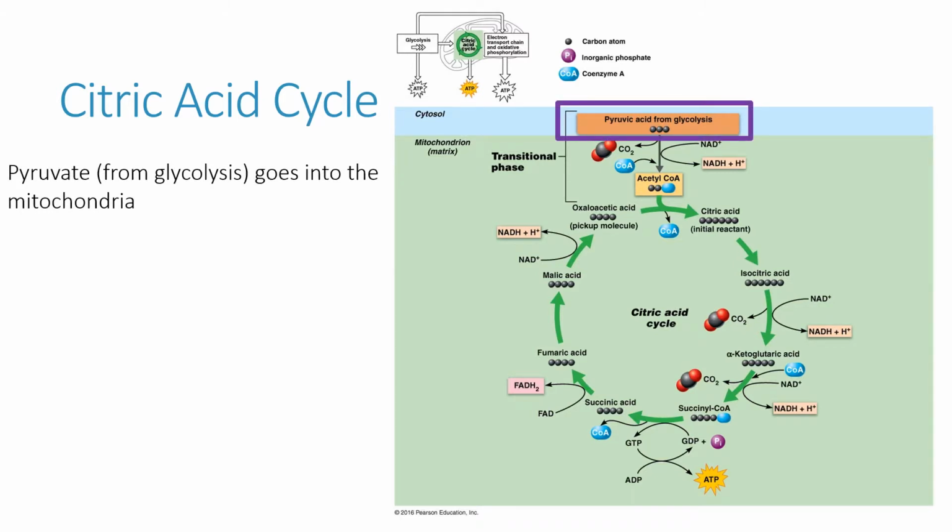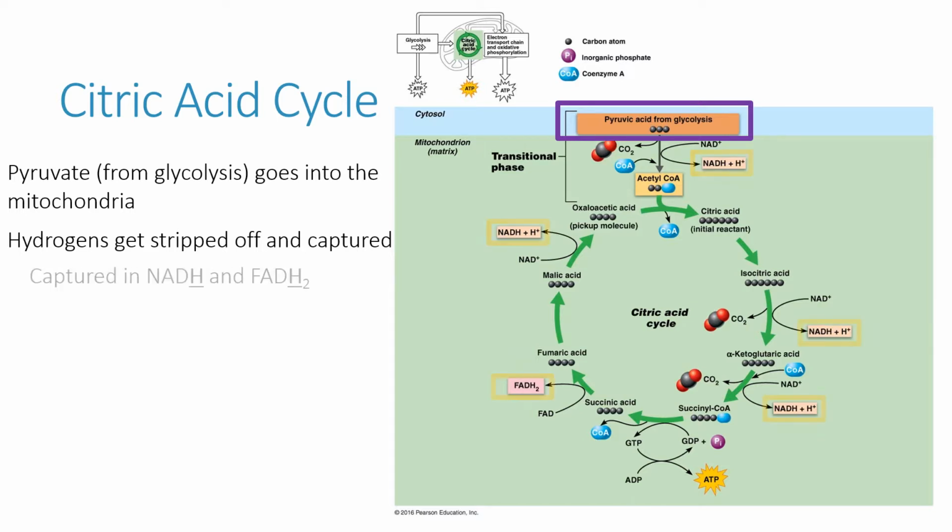That pyruvic acid that was made from glycolysis goes into the next step called the citric acid cycle, which takes place in the mitochondria of the cells. This pyruvic acid not only has carbons, but a lot of the hydrogens that were attached to the original glucose molecule still attached to them.